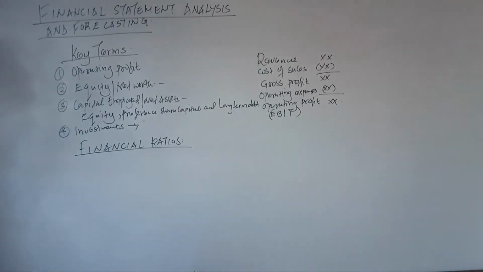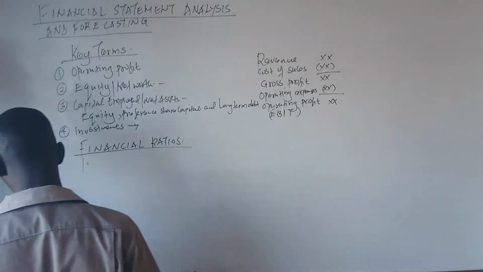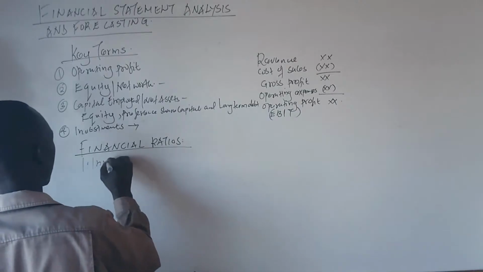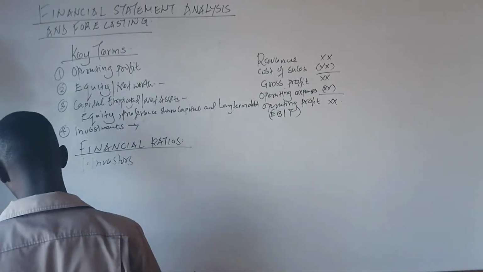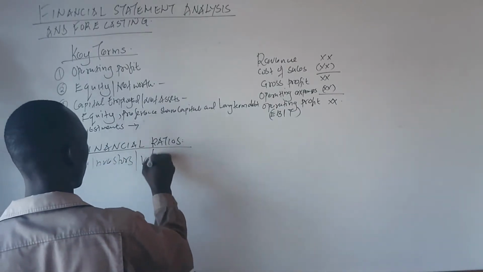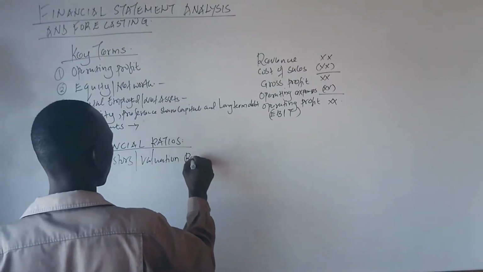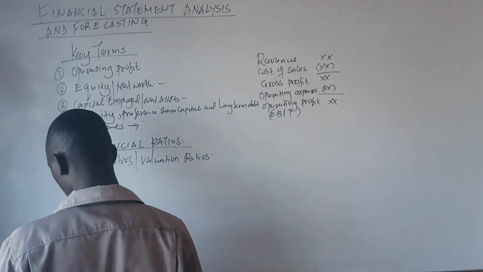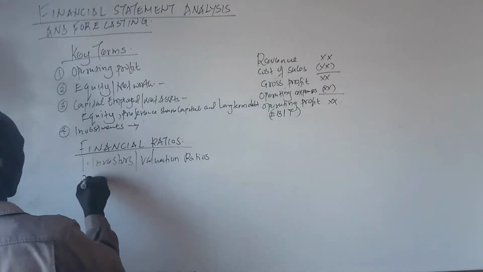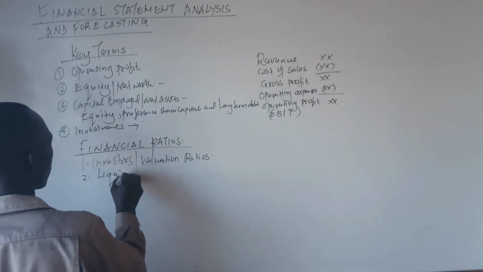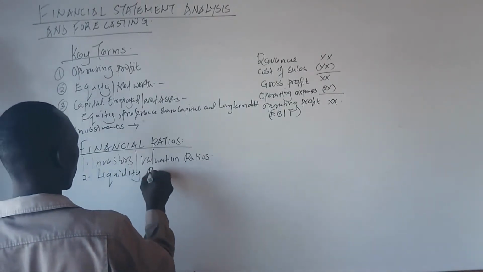Number one, investors or valuation ratios. Number two, liquidity ratios.